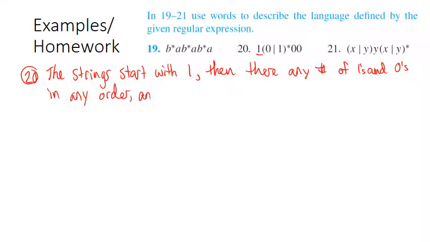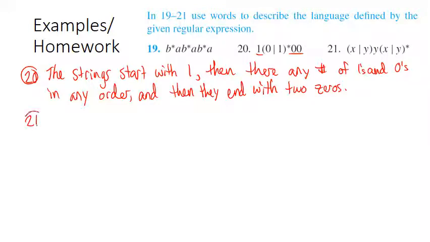And then they end with 2 zeros, which is these 2 zeros right there. So you start with 1, then you have any combination of zeros and ones that you want, as many as you want, and then you end with 2 zeros.